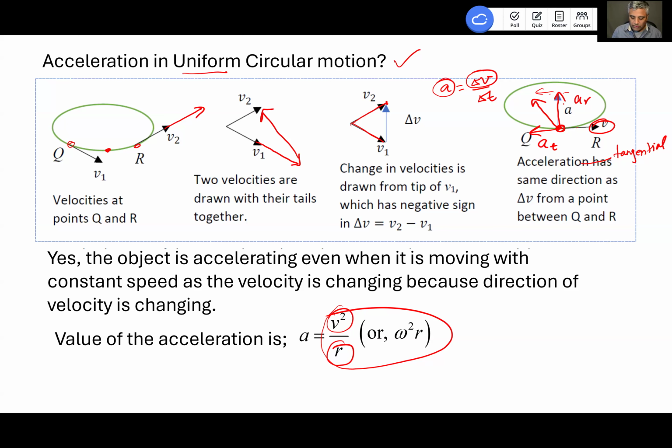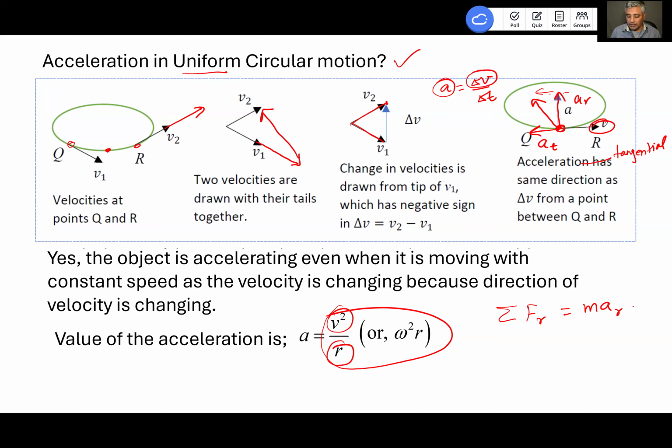So now, once we know the value and direction of acceleration, we can use Newton's law. For example, in general, we may write Newton's law in a particular direction, for example x in this case, but it could be in the y direction. And for circular motion, often we say this is radial or r, okay?